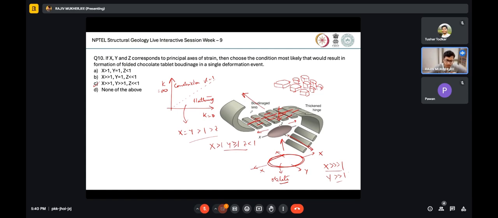Because in forming chocolate tablet boudinage without a fold, it would satisfy simple flattening: x equals y, which is greater than 1, and of course z is less than 1. But if you have a folded chocolate tablet, that means you are also flattening, creating a fold through flattening. That means it would obviously exceed the value of 1.